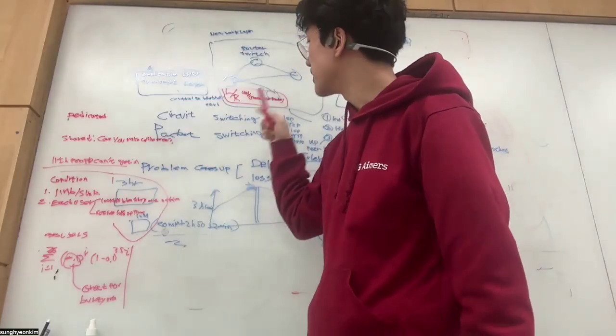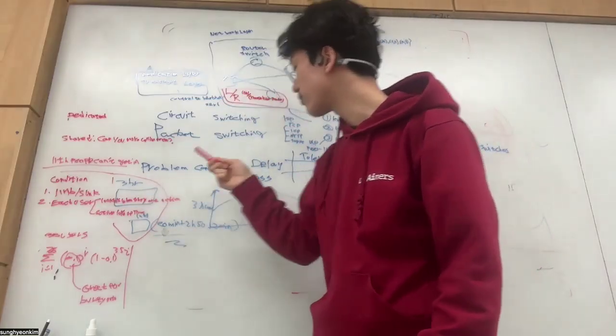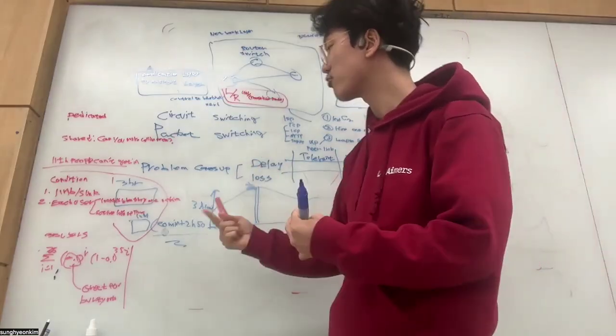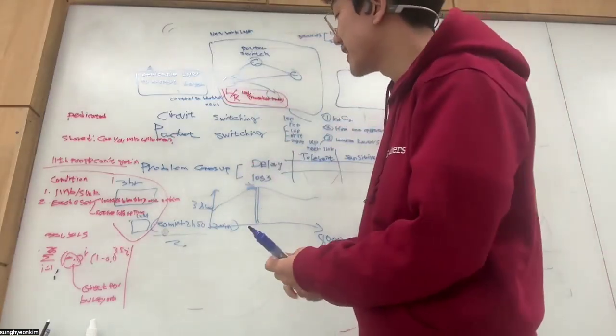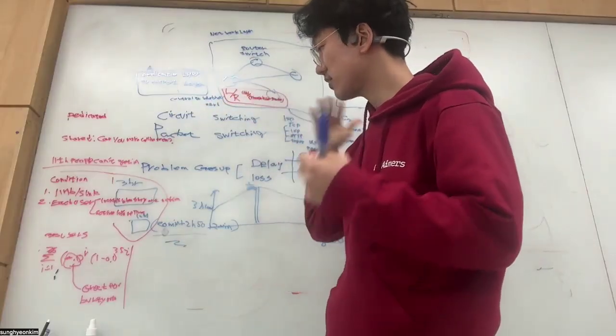In this case, if we use circuit switching, 10 people can use 100 kilobyte each, but when the 11th person came up, he can't join here because already 10 people are using it fully.